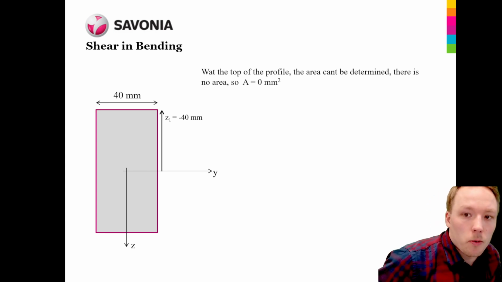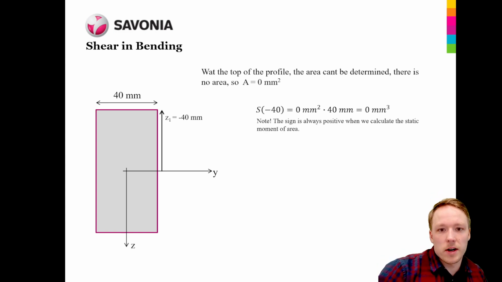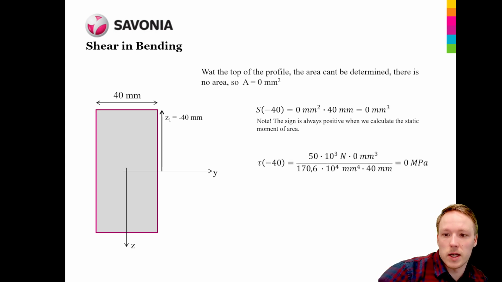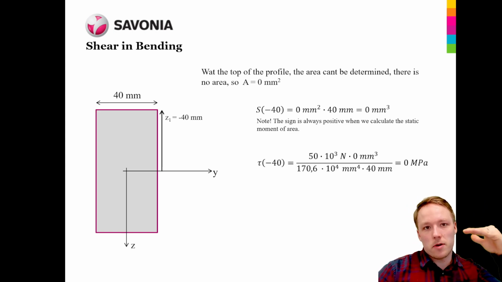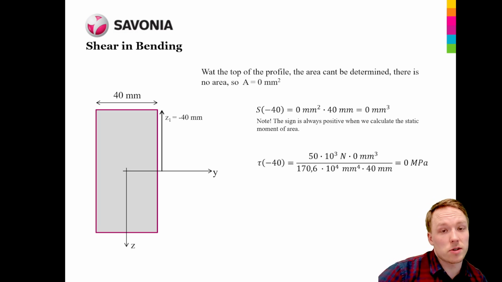At the top of the profile, there is no area, so area is 0, and when we calculate the shear at the top of the profile, the shear stress actually gets a value of 0 megapascals. So at the very top surface or at the very bottom surface of the profile, there is no shear stress.